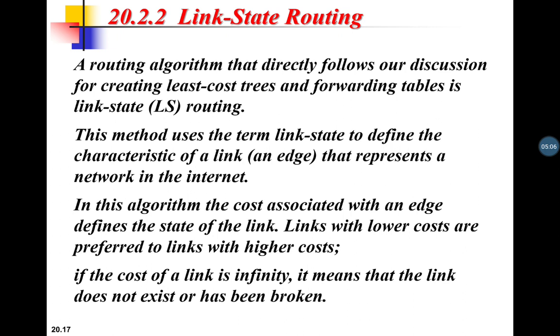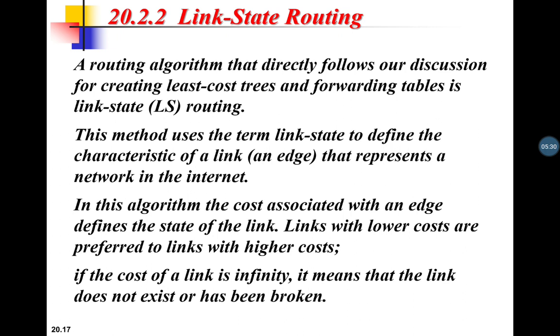This uses link state to define the characteristic of a link that represents the network in the internet. Here, in the link state routing algorithm, the cost associated with the edge defines the state of the link. Links with lower cost are preferred to links with higher cost.